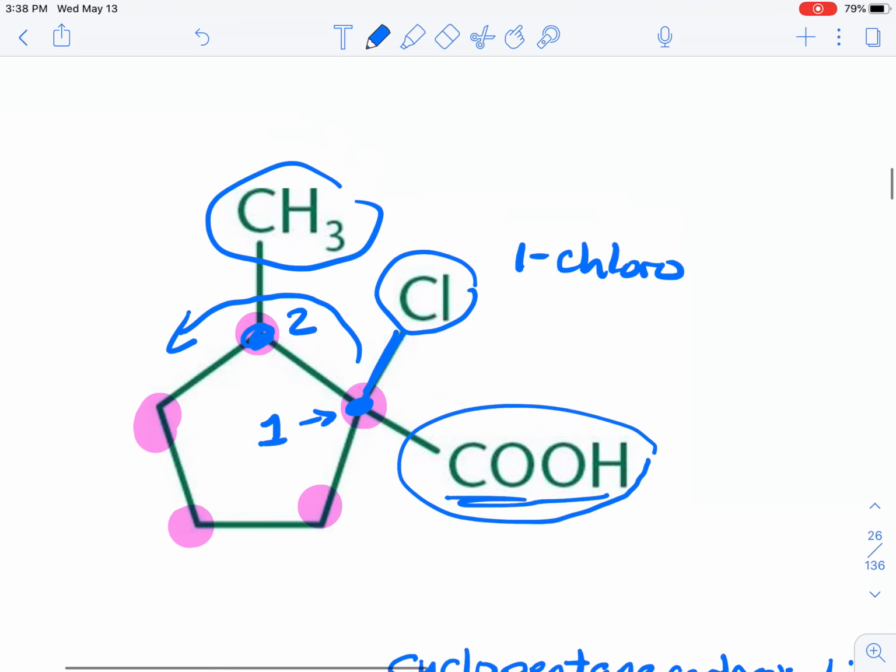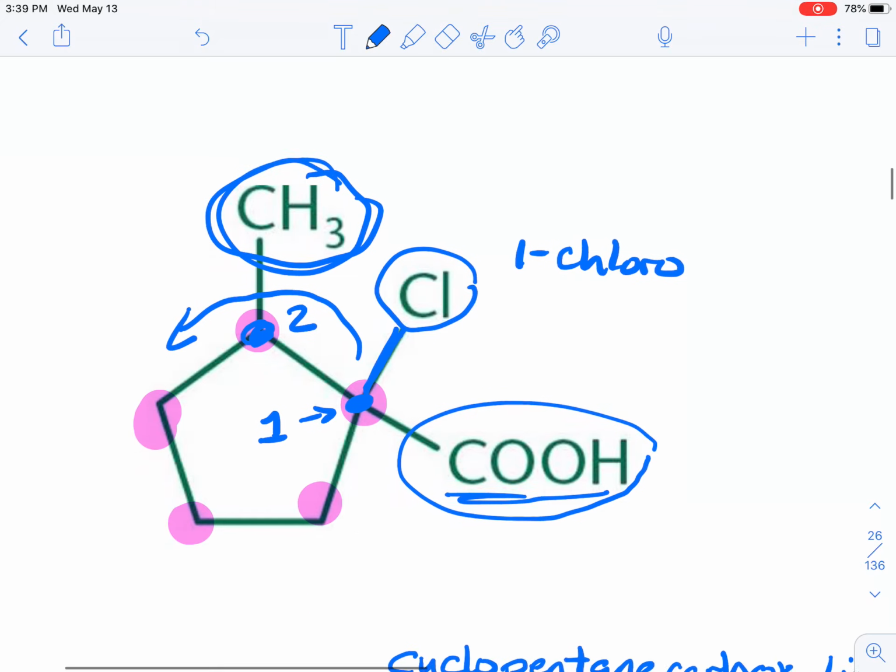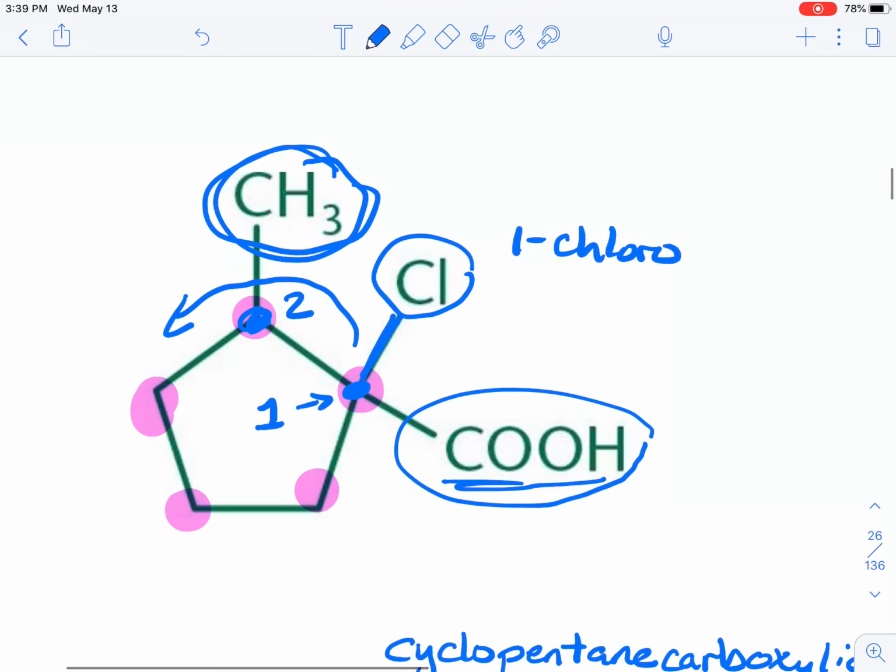If I numbered my carbons clockwise, the methyl would get a carbon number 5. And so the counterclockwise numbering system would produce the lowest carbon number for where that methyl group is going to be found on the parent ring. And so this is going to be 2-methyl and 1-chloro.